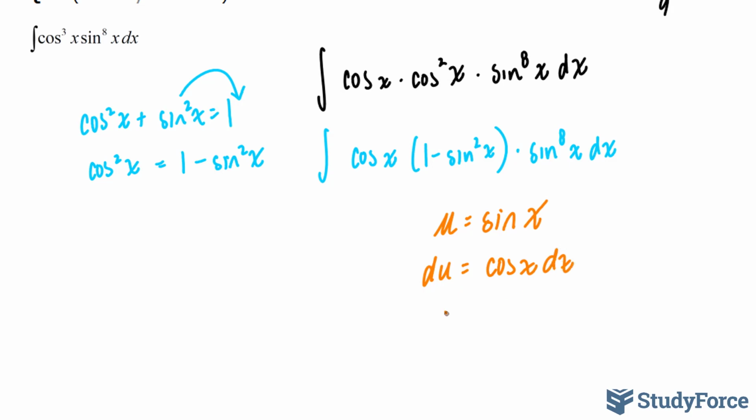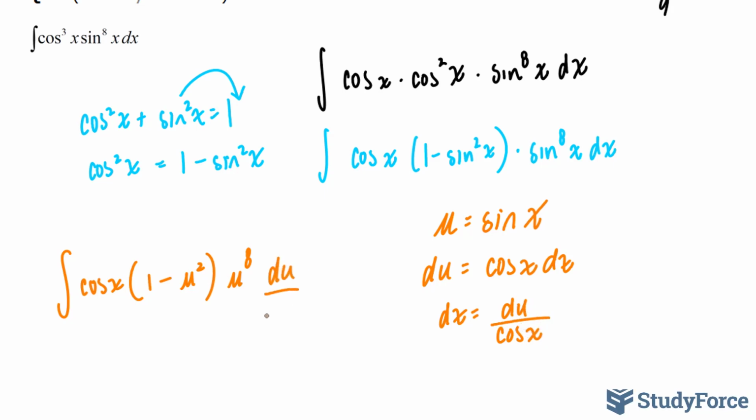Solving for dx, I get dx is equal to du over cosine x. My new function looks like this now. The integral of cosine x times 1 minus u to the power of 2, times u to the power of 8. And I will also replace this dx with what I found, du over cosine x.